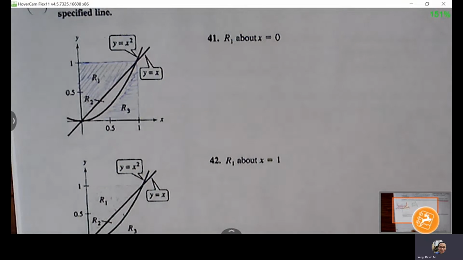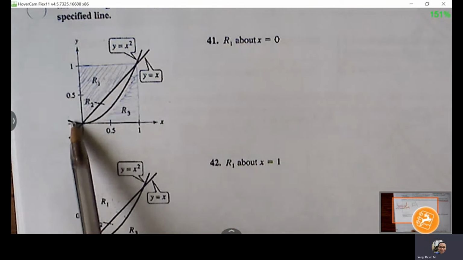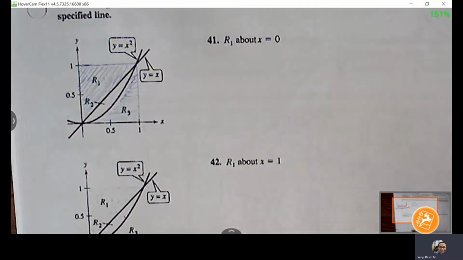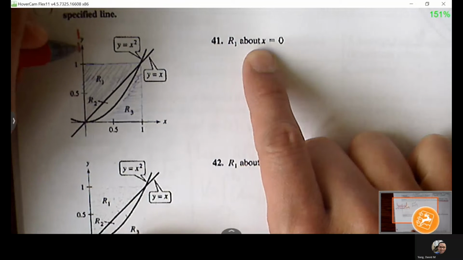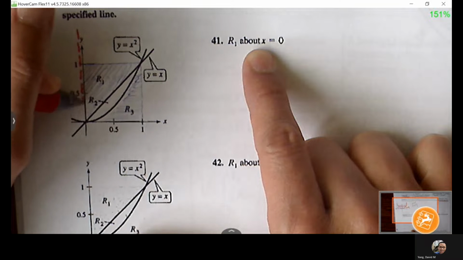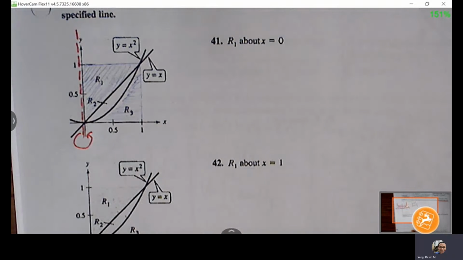Okay, so to start off, the first one here, region R1 is this upper triangle. You're rotating about x equals 0, so there's your dotted line. First decision we have to make: is this disk method or is it washer method?